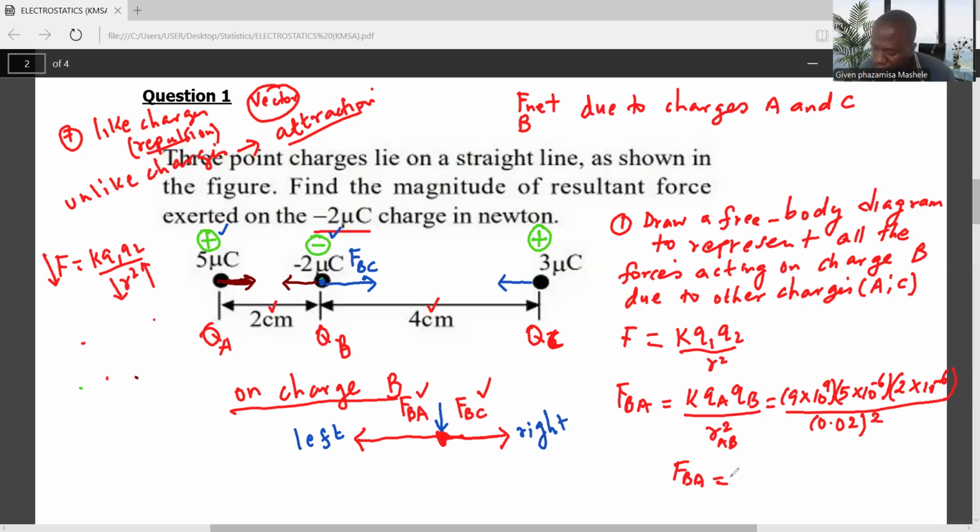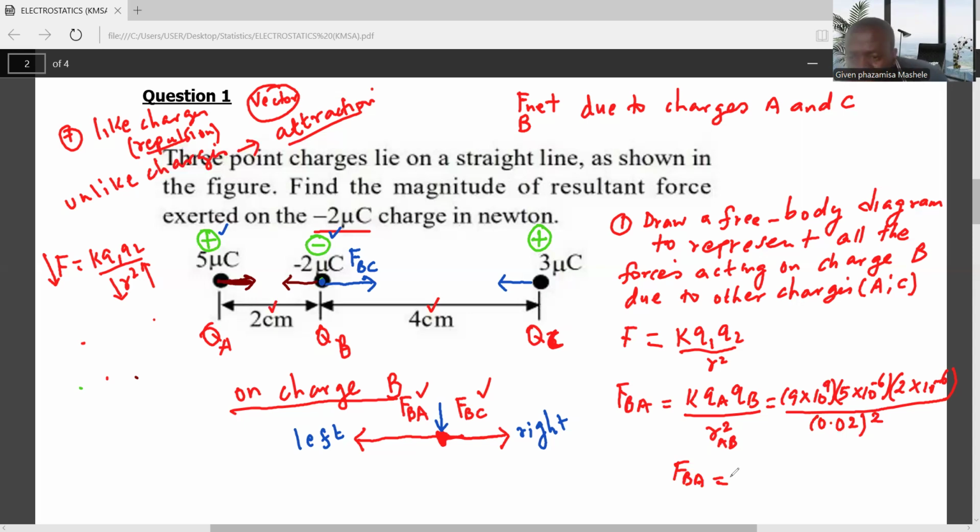We're going to substitute that. It's 9 times 10 to the power of 9 multiplied by 5 times 10 to the power minus 6, multiplied again by 2 times 10 to the power minus 6. Then we divide this by 0.02 squared. Let me confirm.